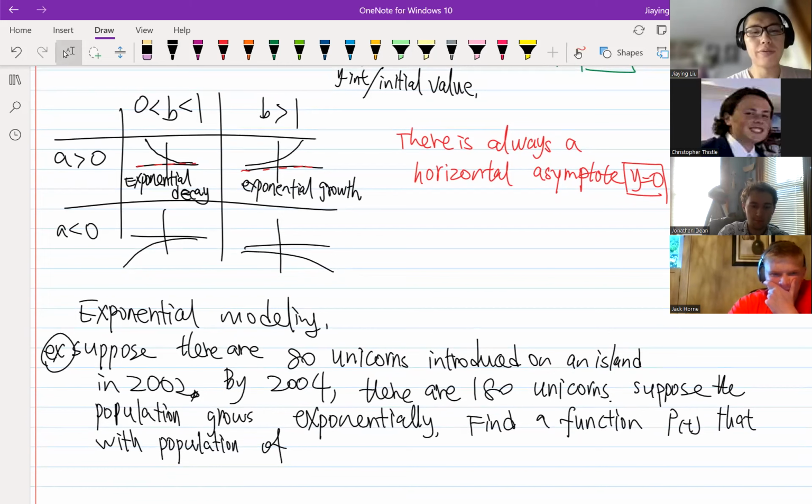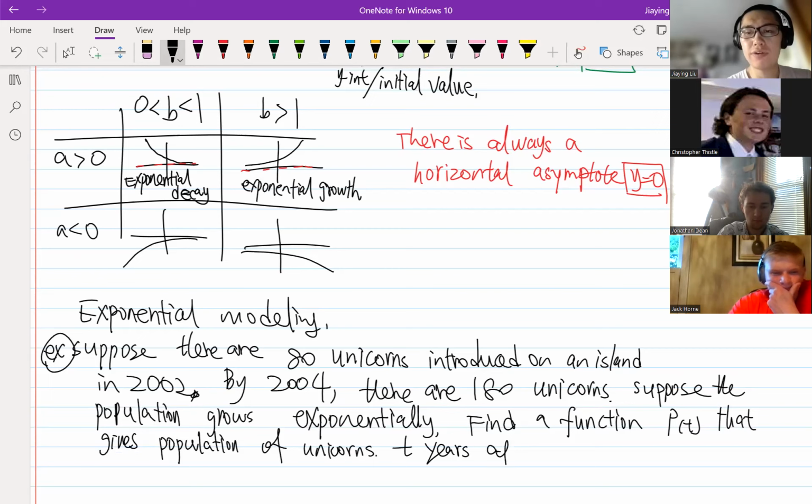But anyway, we want to find a function P of t that gives the population of unicorns t years after 2002.